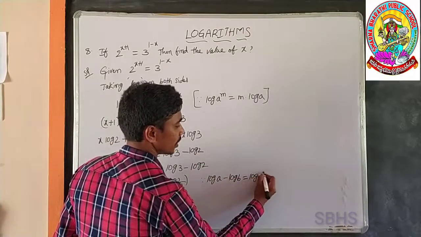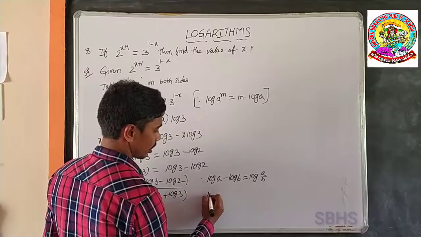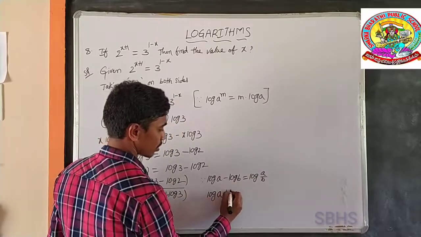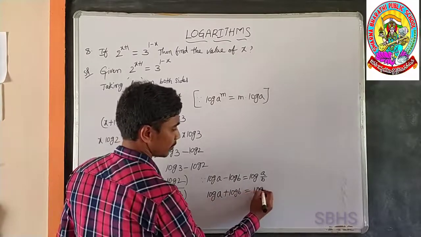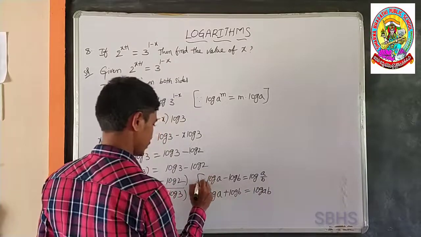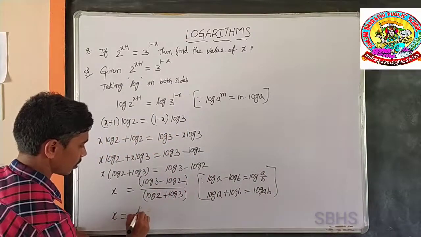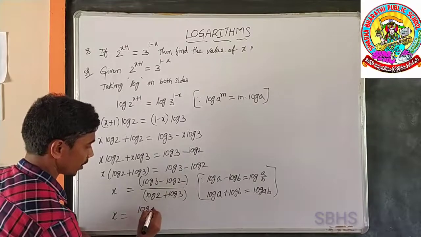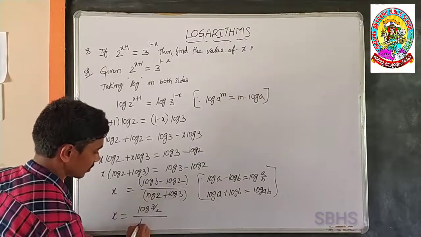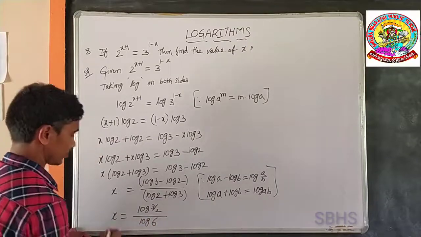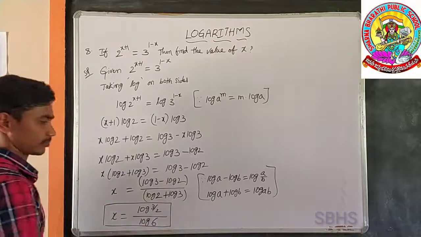Log a by b. Observe the denominator, log a plus log b. What would it be? Log ab. By this, x is equal to log 3 by 2 divided by log 2 into 3, which is log 6. This is the value of x.